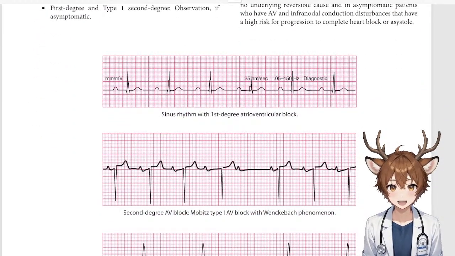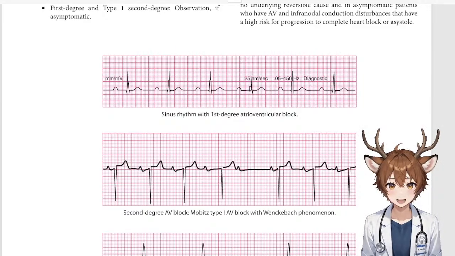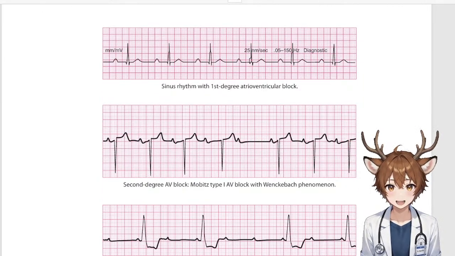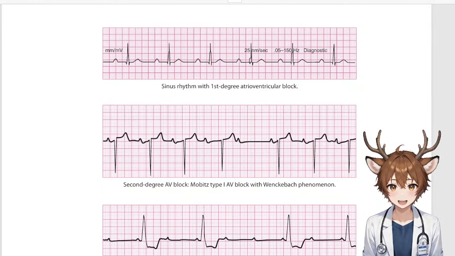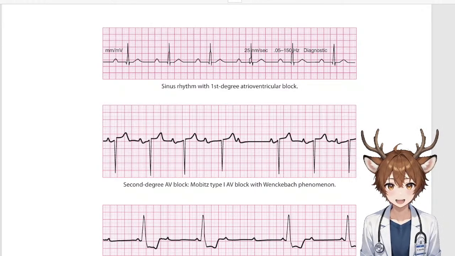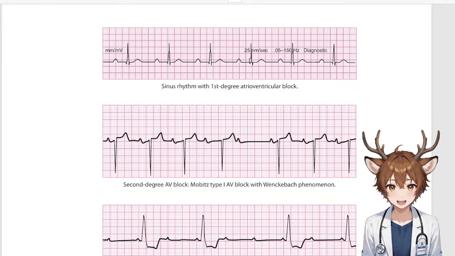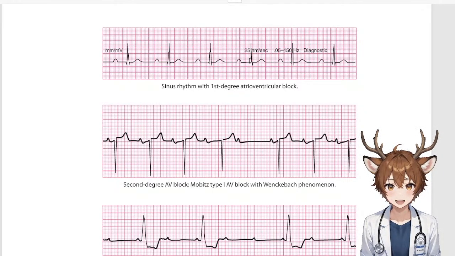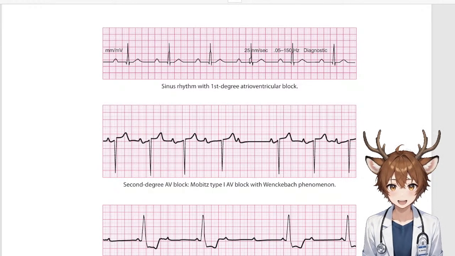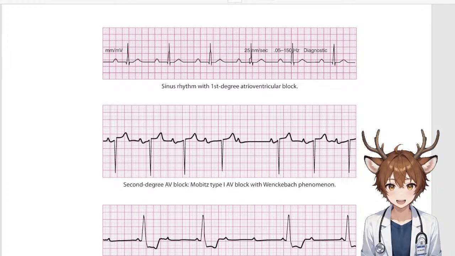So sinus rhythm with first degree AV block, right here. This is a second degree AV block, Mobitz type 1, with Wenckebach phenomenon, right? Where you see there's this progression of the PR interval until it disappears. So the PR interval gets wider and wider, or I should say it's getting smaller and smaller.